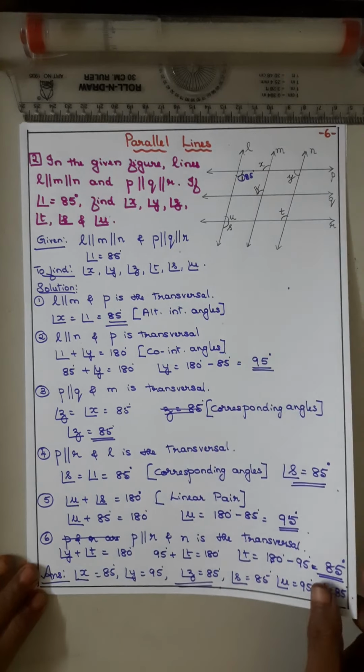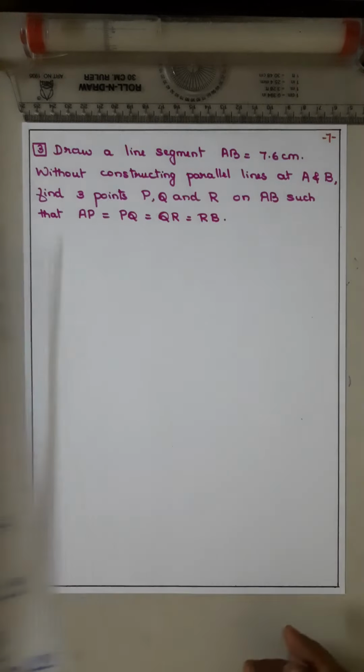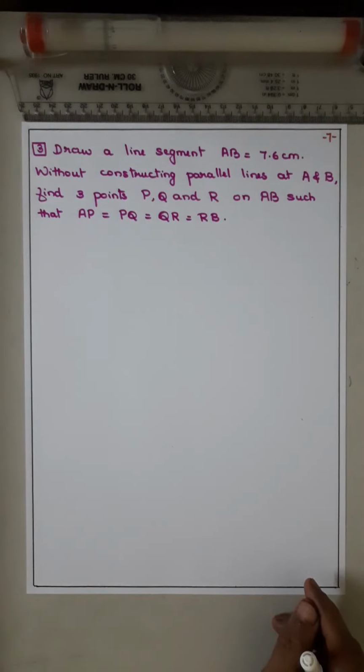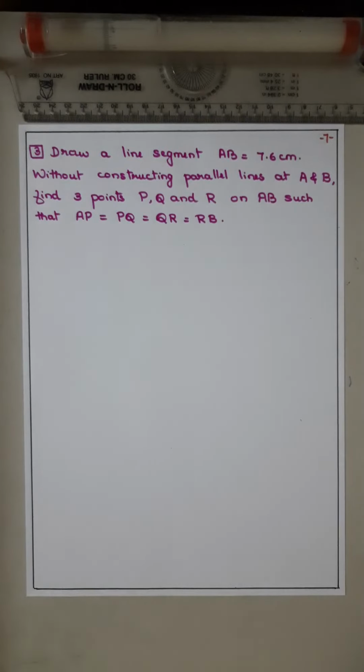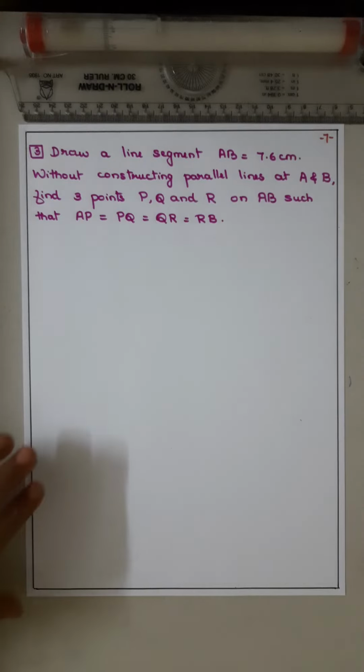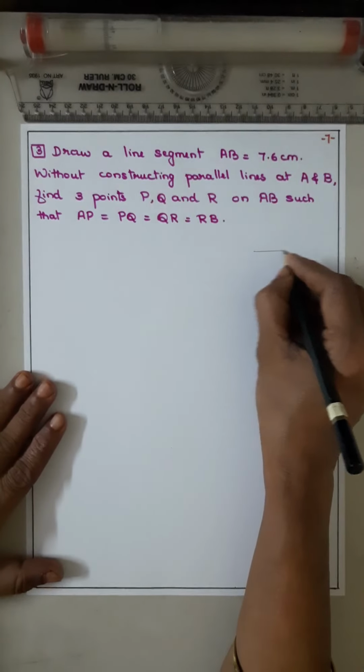Okay, coming to question number 3. Draw a line segment 7.6. Without constructing parallel lines at A and B, find 3 points P, Q, R on AB such that AP is equal to PQ is equal to QR is equal to RB.